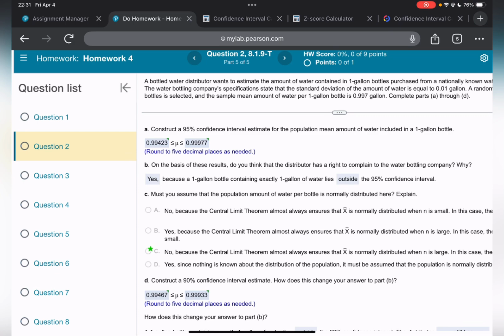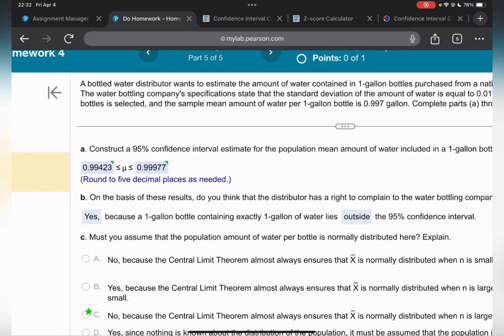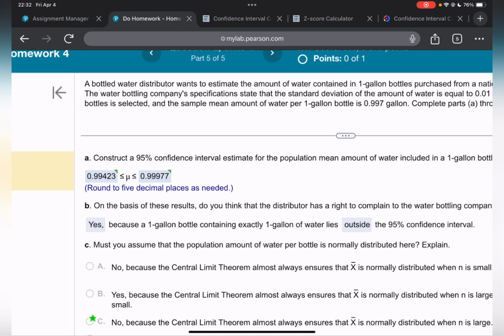So on this, let's do B. On the basis of these results, do you think that the distributor has the right to complain to the water bottling company? Okay, how are we going to identify if it's right to complain or not? So if the average which is claimed here, 0.997, it's right here, falling in the confidence interval, which is 0.99423 and 0.99977, then we can't complain, because we got what they claim, right?